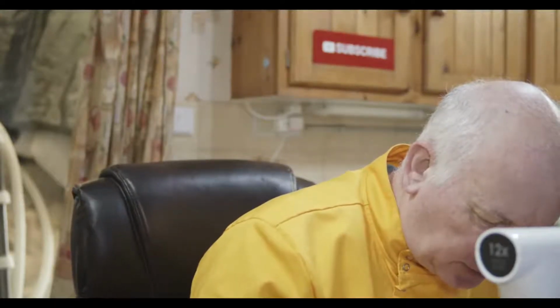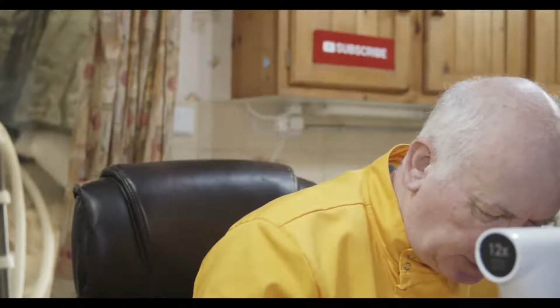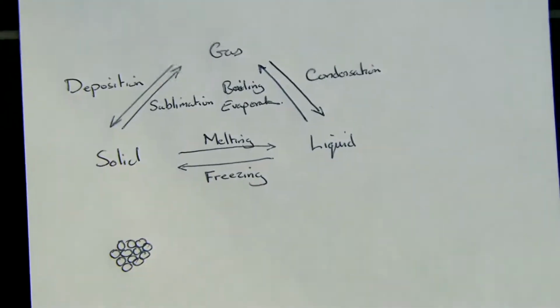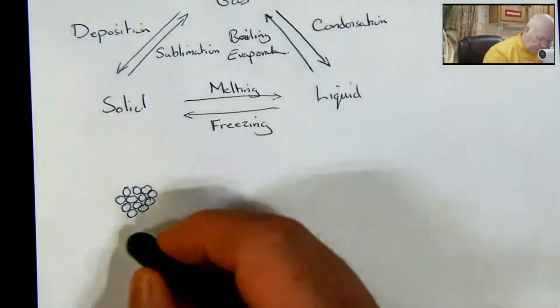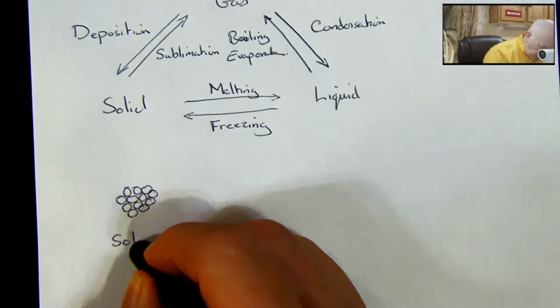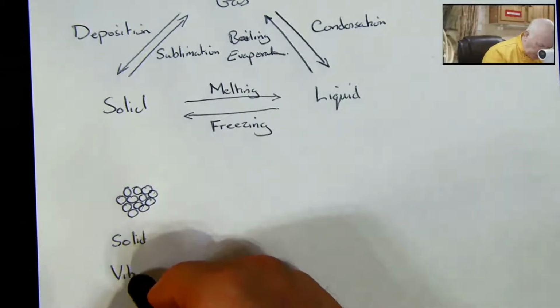Okay, let's draw out what we've got to try and make some sense of what's going on. We've got a solid, and in a solid, the molecules are close to one another. There we are, I've got the right screen on now. So this is a solid, and we're seeing merely vibration.